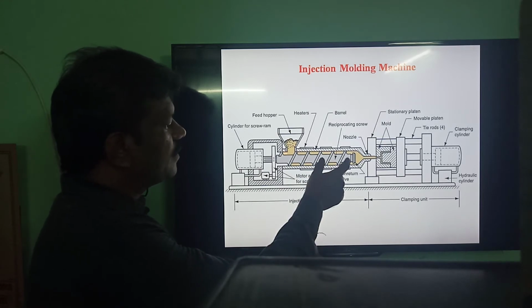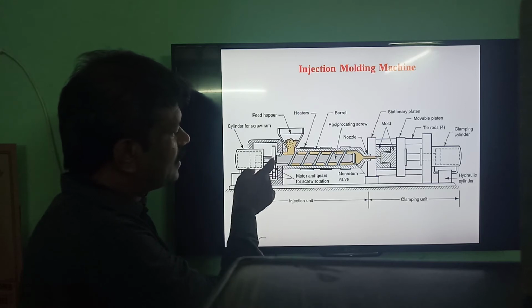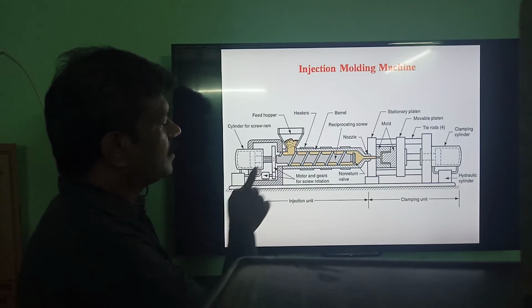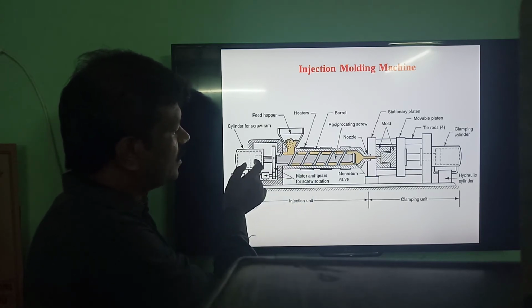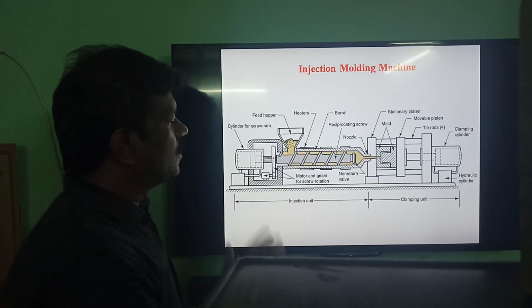Initially, the screw conveyor will be at this position. To balance this end of the screw conveyor, we have the cylinder. Once the screw conveyor is moving in this direction, naturally this end also will be rotating and moving in this direction.